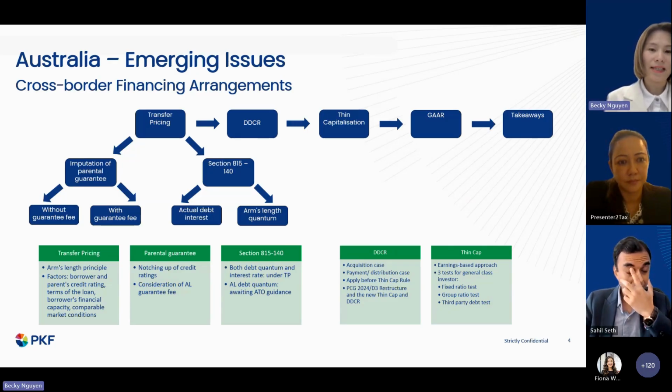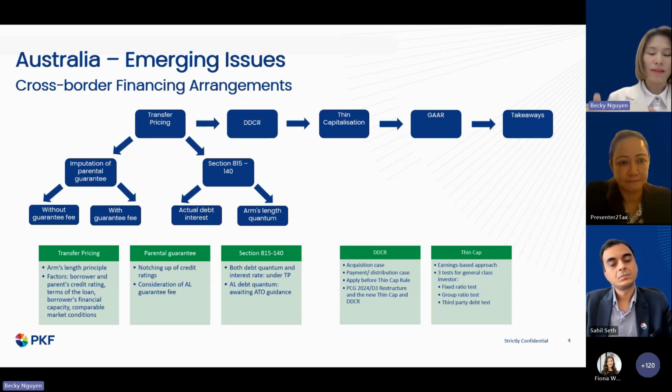The third test is the third-party debt test. As from the name of the test, this test will allow debt deductions for third-party debts only. So therefore, this test will be suitable for taxpayers which have third-party debt only.